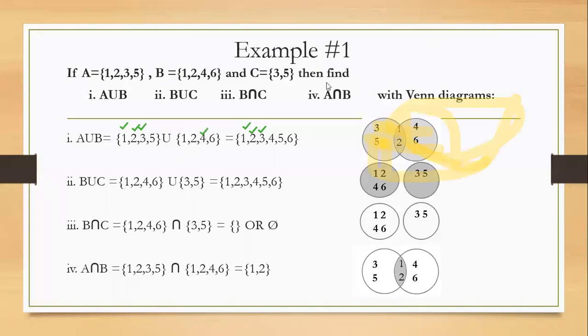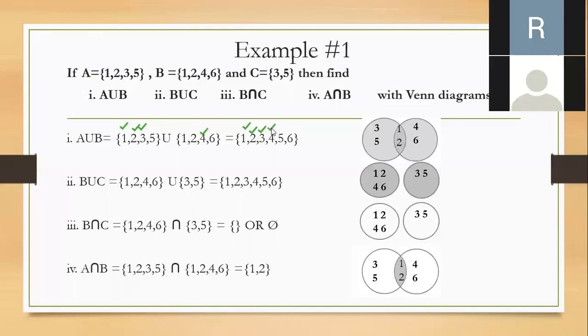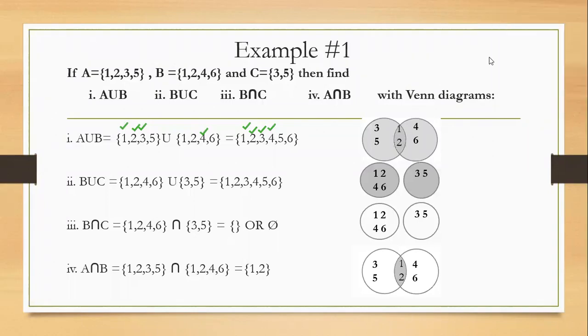Here 4 is written over there. Here 4 is there, that's why we have written 4 here. Now the next element is 5 and then 6. In this way we can combine the elements of two sets.